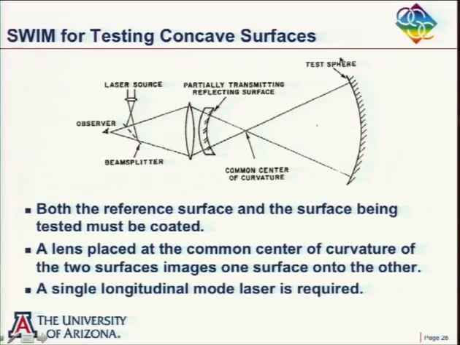And then here's the mirror they're testing. We're saying it's a concave mirror, and that really was what it was intended for. And what they did, they put a highly reflecting coating on here and a highly reflecting coating on here.